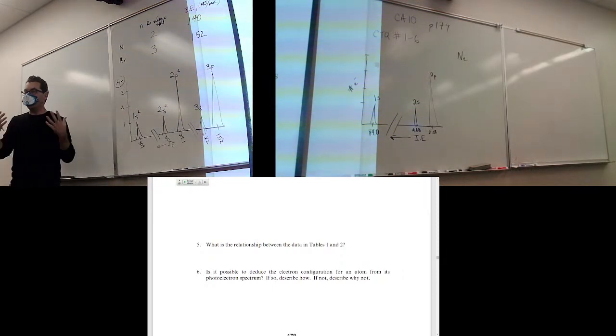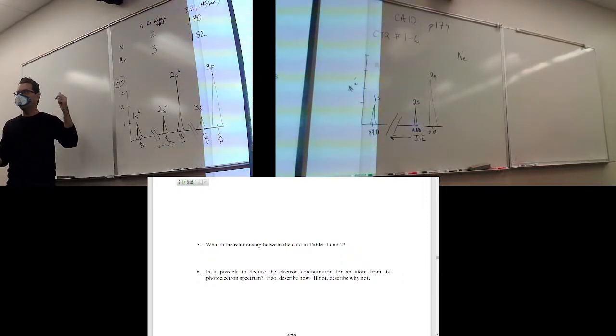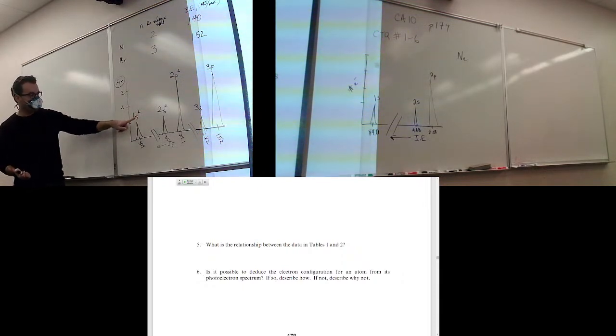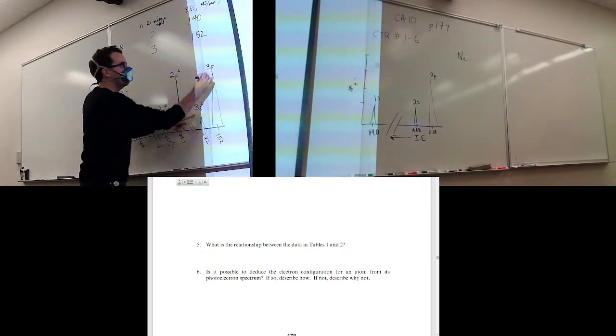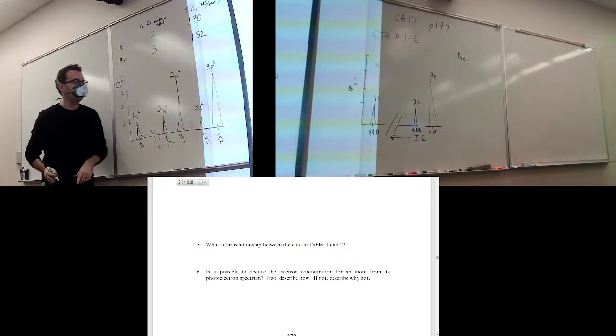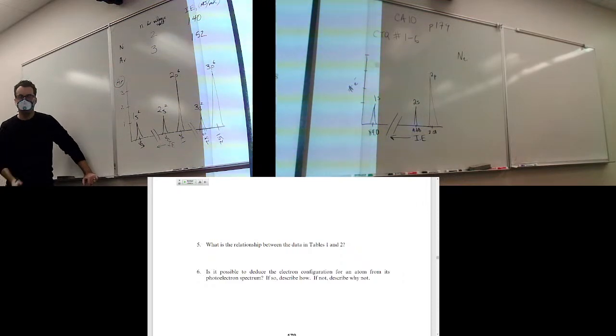Well, we know that shell 1 holds 2, shell 2 holds 8, shell 3 holds 8. Shell 1 is just the one subshell, but it's still got 2. These two subshells combined make 8. These two combined make 8. Although the last one, it's a coincidence, it's full, but because it's argon.